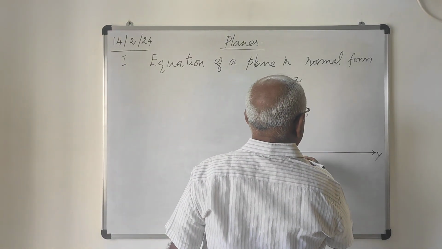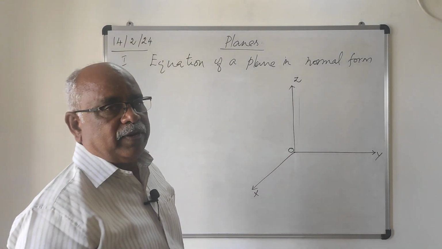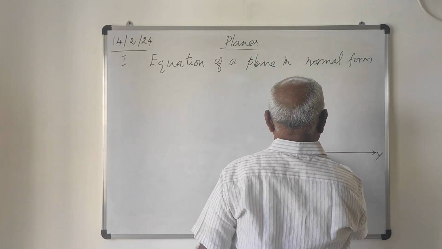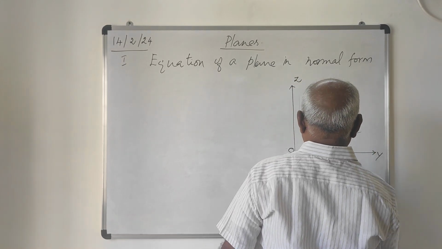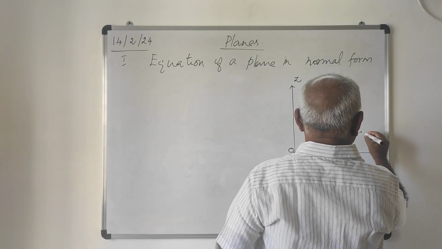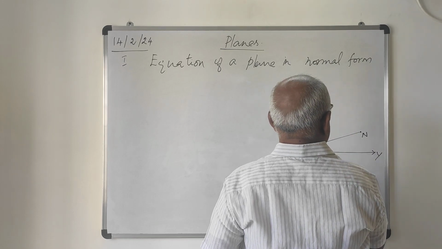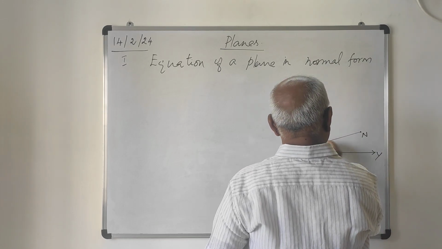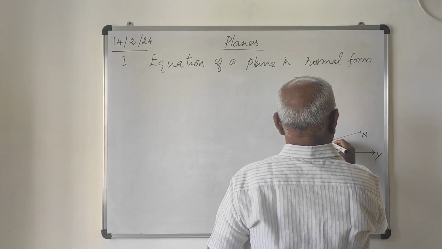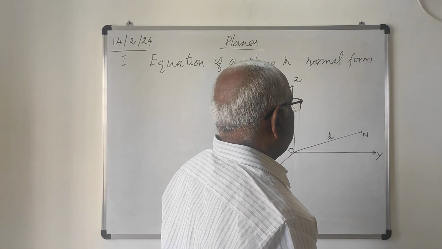I vector is the unit vector acting along the x-axis, J cap is the unit vector acting along the y-axis, and K cap is the unit vector acting along the z-axis. Now ON is a normal vector passing through the origin. Its distance from the origin is D.